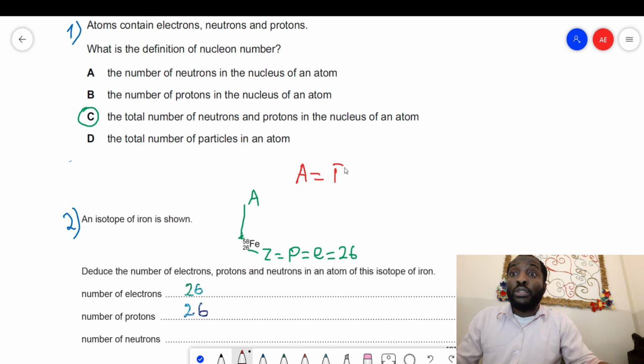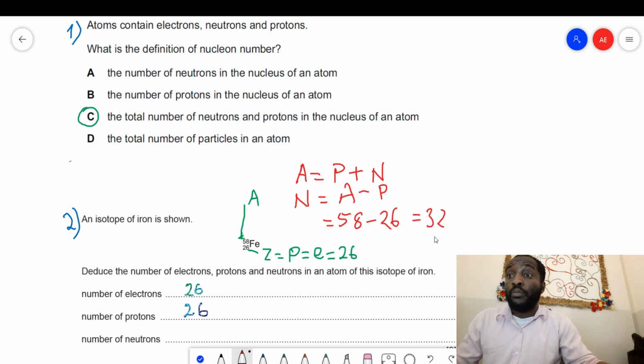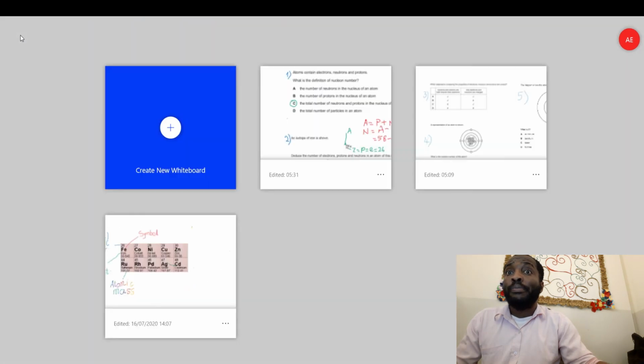The proton plus the neutron. So the neutron will be what? The mass number minus the proton number, which is of course 58 minus 26, and that gives us 32. So the number of neutrons is 32. Now let's go to the next set of questions.